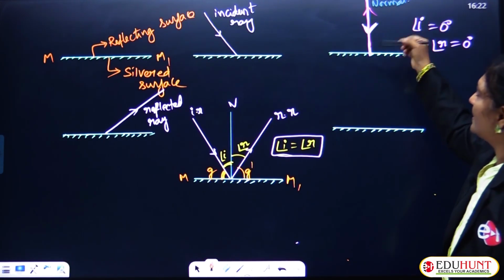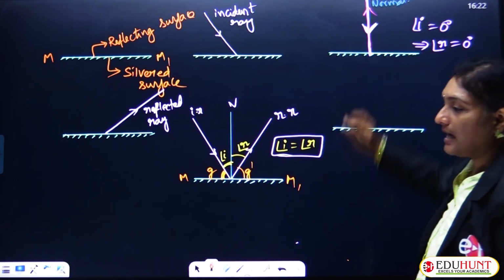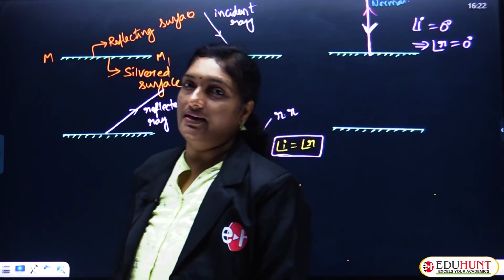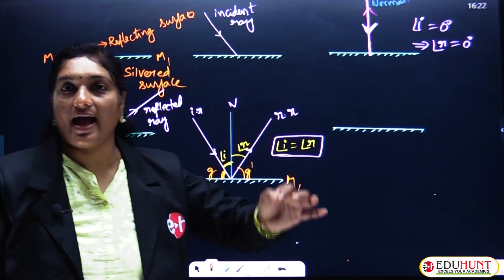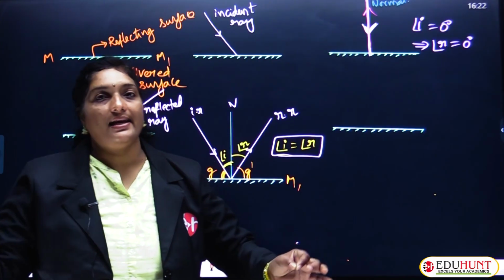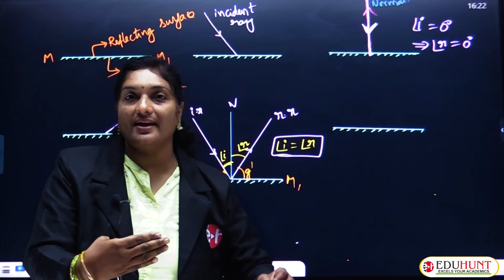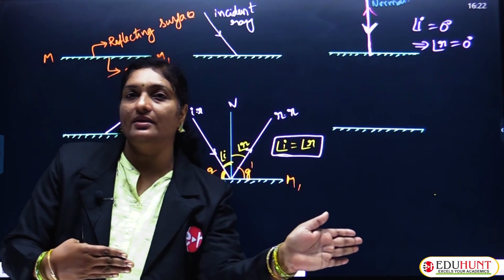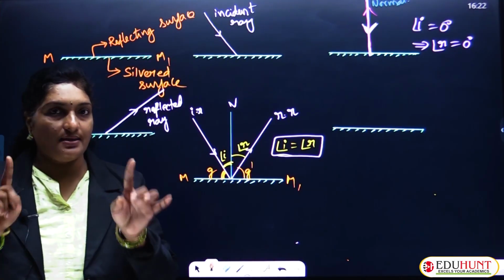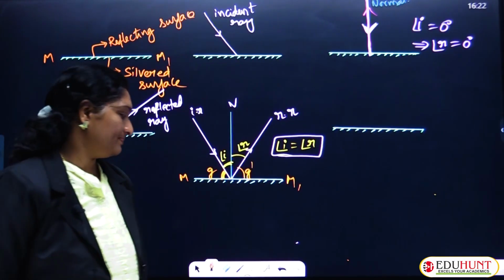The light pink color is the incident ray, whereas the dark pink color indicates the reflected light ray. That is, if angle I is 0, angle R must also be 0. If angle I is 90 degrees, angle R is also 90 degrees. This thing you have to remember.